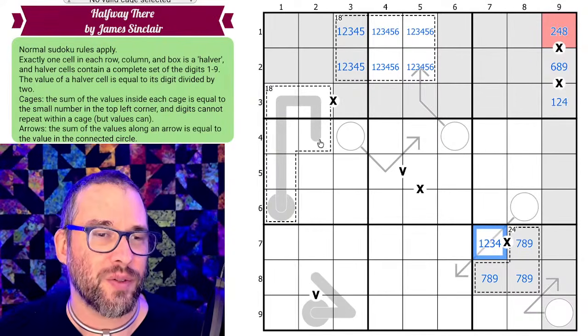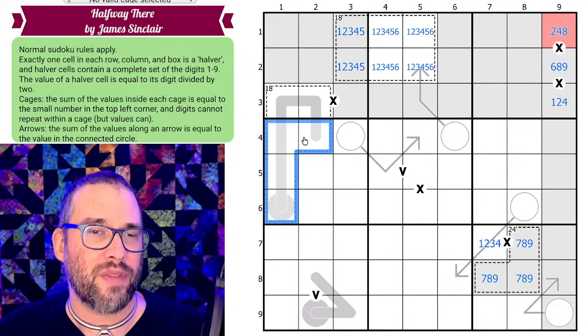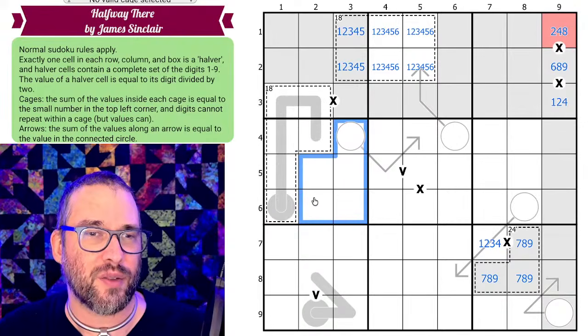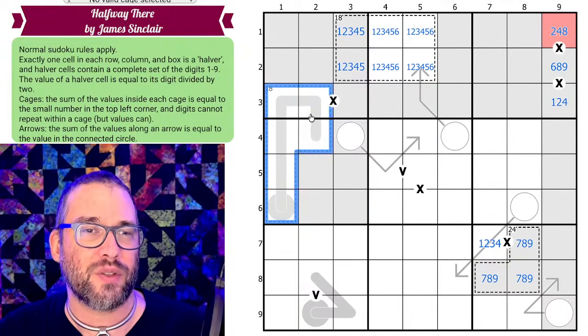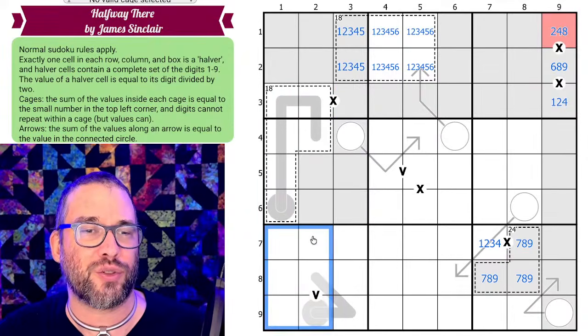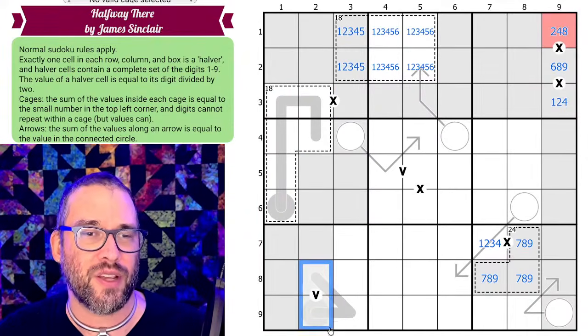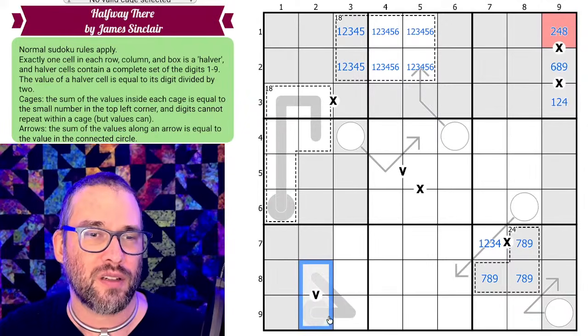Right. I suppose one of these is a halver, so the rest of the box, and we've also used the halvers for columns 1 and 2, so none of these are halved. So these are genuine digits.